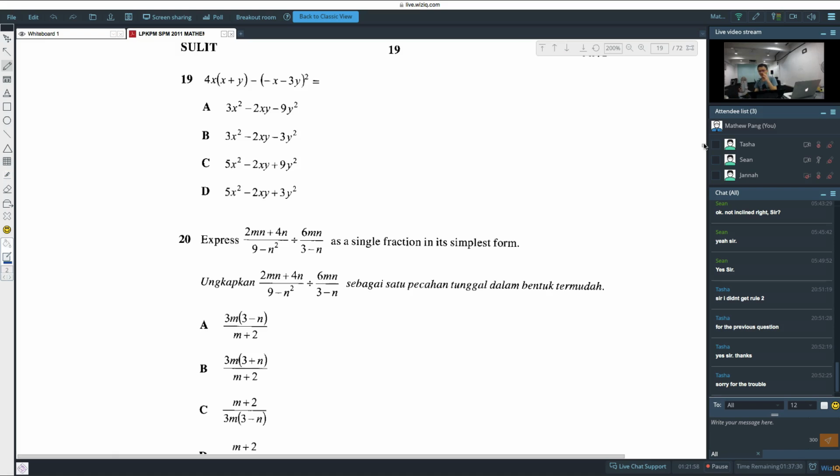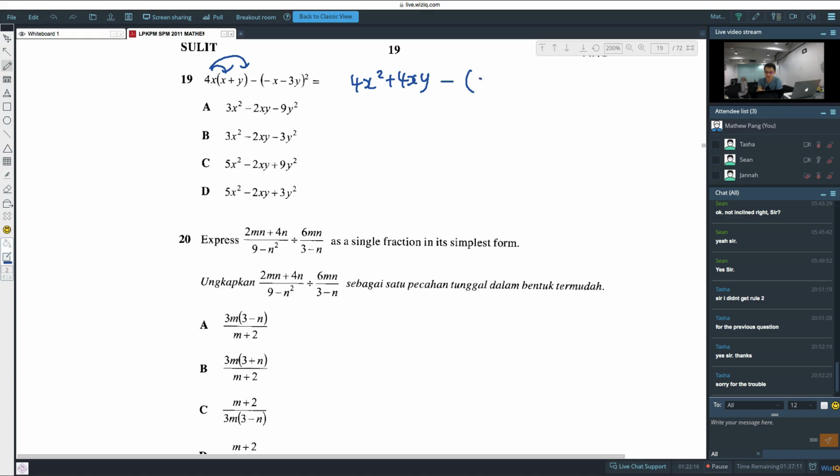The following, I think you have questions 4 and 5, are so-called bonus marks. It's just simple algebra. 4x multiply x and 4x multiply y, so you will get 4x squared plus 4xy. Before you multiply the negative, you better expand the bracket first.